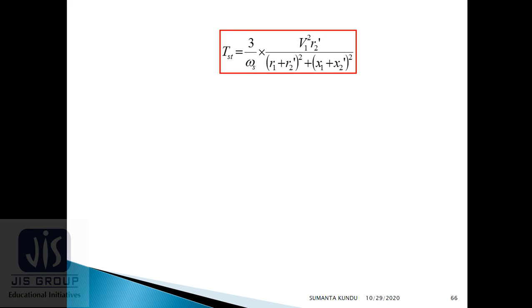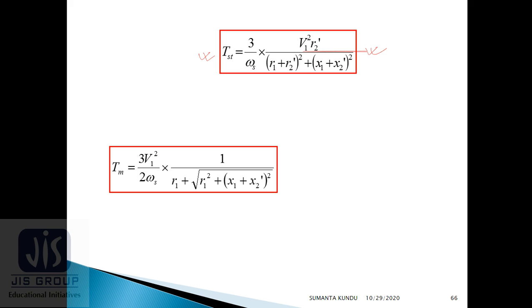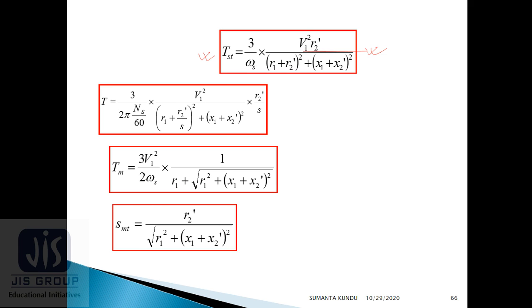Now we know that this is the equation of torque, 3 by omega s into this is my starting torque, and this is my maximum torque. And this is the slip at maximum torque.